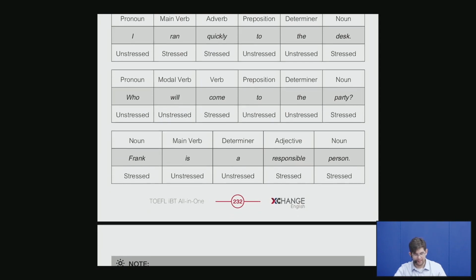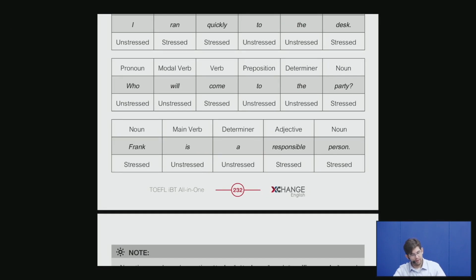And in our last example, once again, we have Frank is a responsible person. If I try to put the stress on these words, I have Frank is a responsible person. And very quickly, is came together. I put those sounds very, very fast together, and they weren't stressed at all. To come back up and hit the stress sounds again.